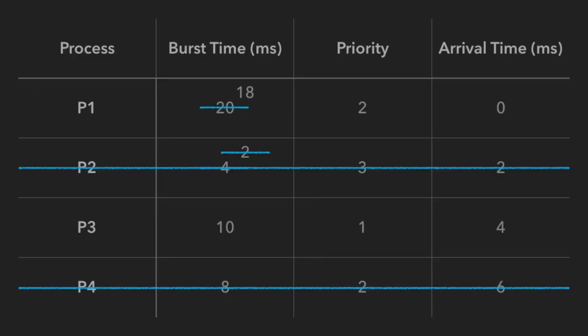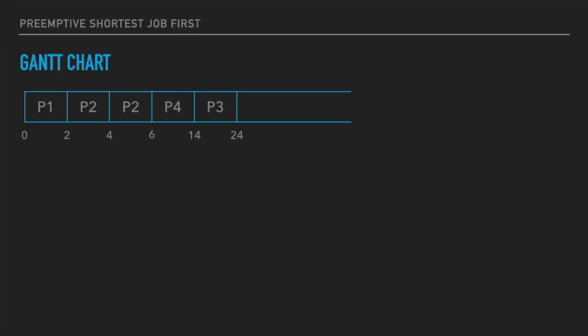Alright. The current time now is 24, so P3 has been fully executed, and we can remove it from the table. Which means that now the only process left is P1. So, what we have to do is just add P1 to the Gantt chart. There you go.